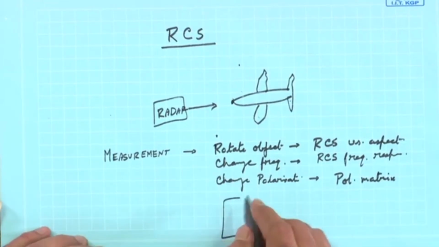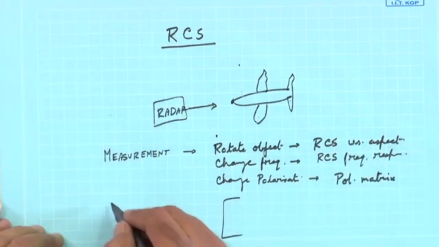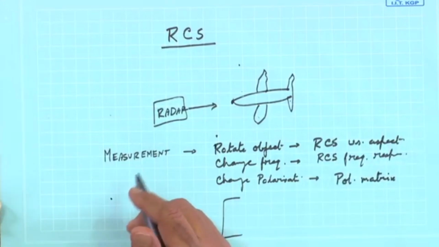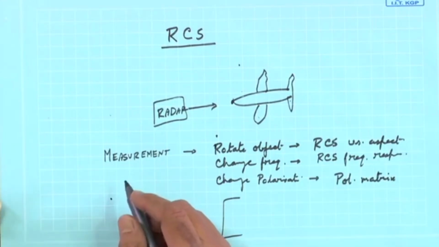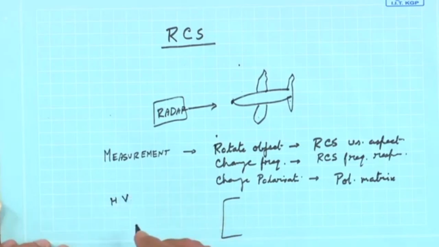Why? Generally we define polarization, please refer to our NPTEL lecture on microwave antenna, where we have defined what we mean by polarization of a wave and polarization of an antenna. Generally, there are horizontal and vertical polarizations, these two polarizations.